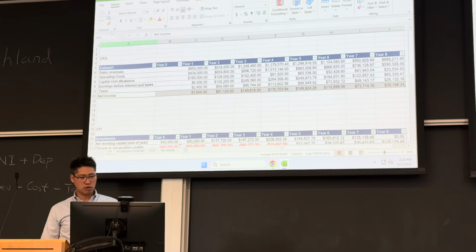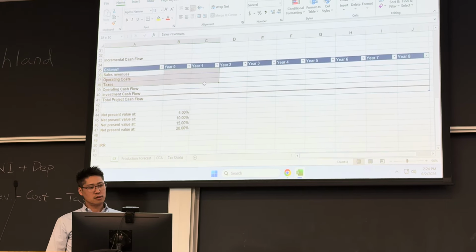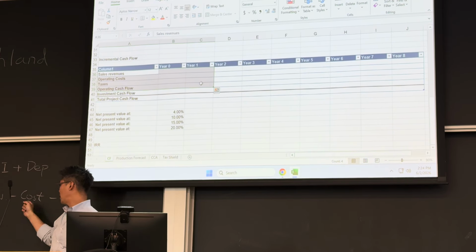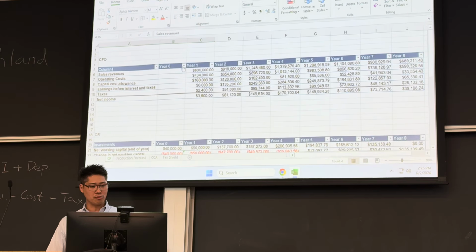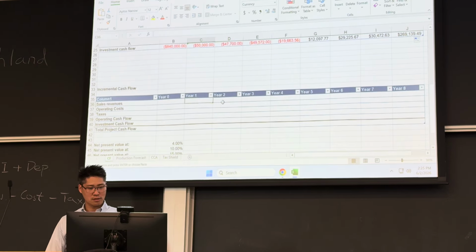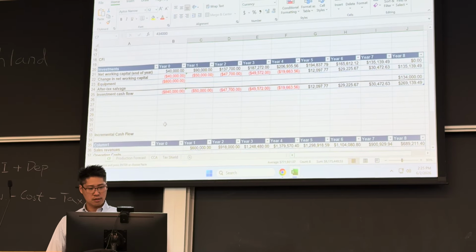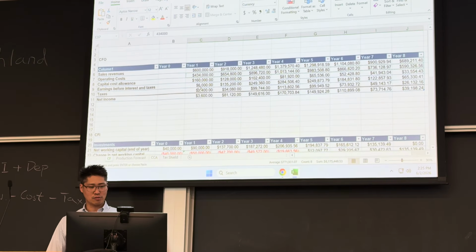Okay, so going down here, I'm going to do a top-down approach. I'm going to start with revenue minus cost minus tax. Because from the first table we already have revenue, I'm just going to copy this and move it down here. Costs we have, which is here, copied, move it down here. Tax is already done as well.